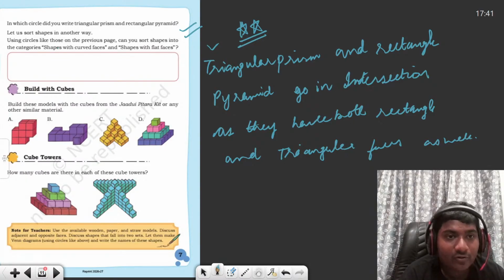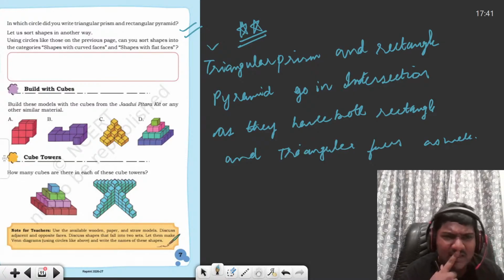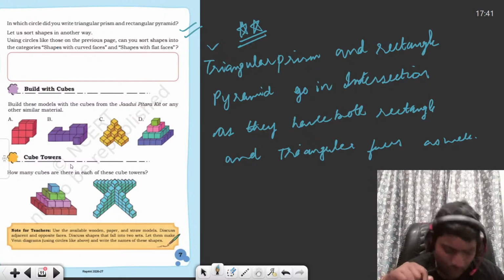So the thing now we have to do is building with cubes. Now we have to count how many cubes there are. So these are the cube towers. They have given examples. So what we have to do here? Let me know how many cubes are there in each cube tower.